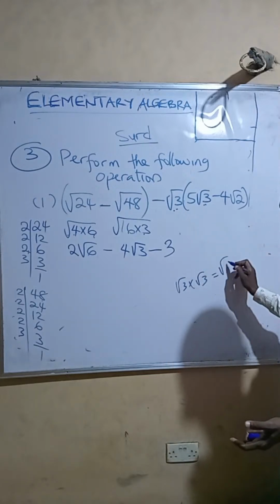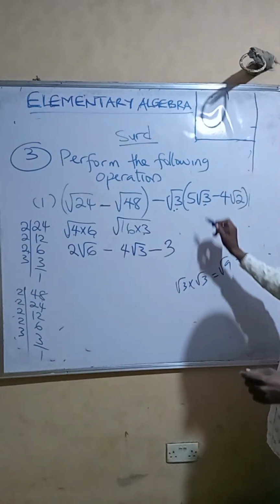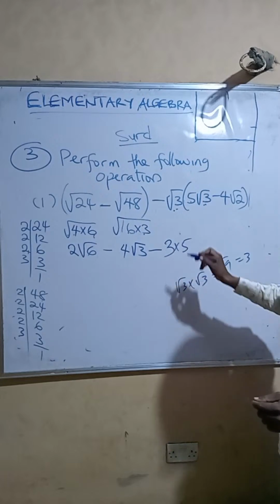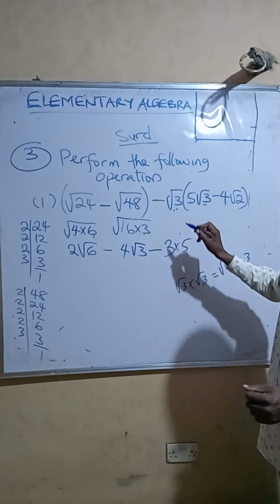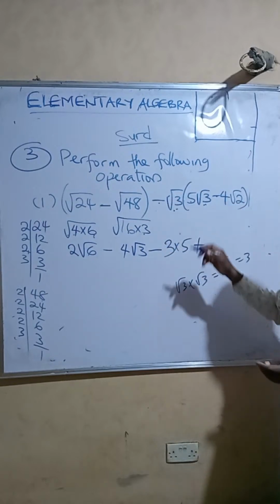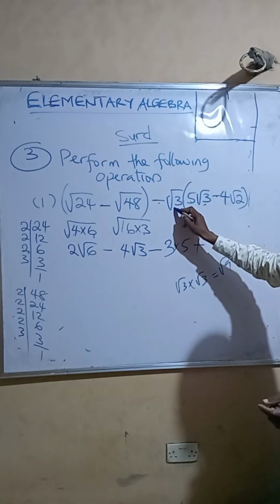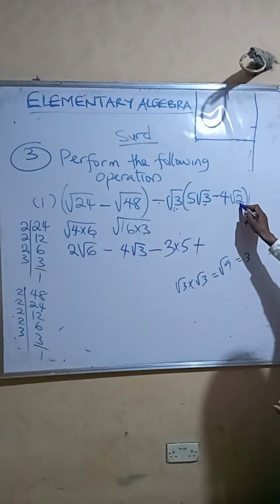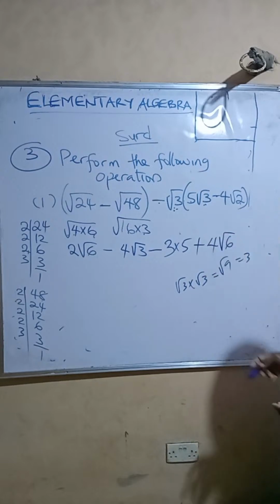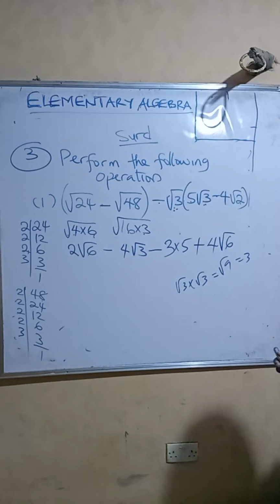Or you can say root 9, which is 3. So that's 3 times 5. And then minus times minus, that's plus. Open the brackets. And then root 3 times root 2, that's root 6, and that's 4 root 6.